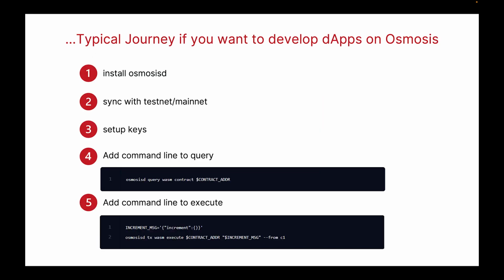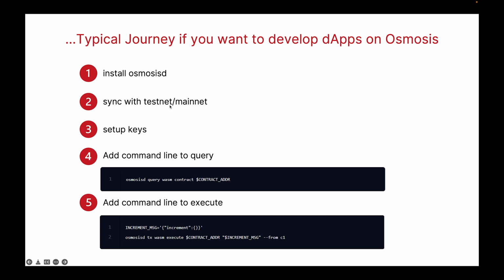Right, so with this slide, what I want to show you is the journey when you want to make a request to a smart contract using existing tools. There is a command line like osmosisd. You're going to have to set up a little bit. The first thing you have to do is install osmosisd, and then after you finish installing it, you have to sync with the network that you want to use it with.